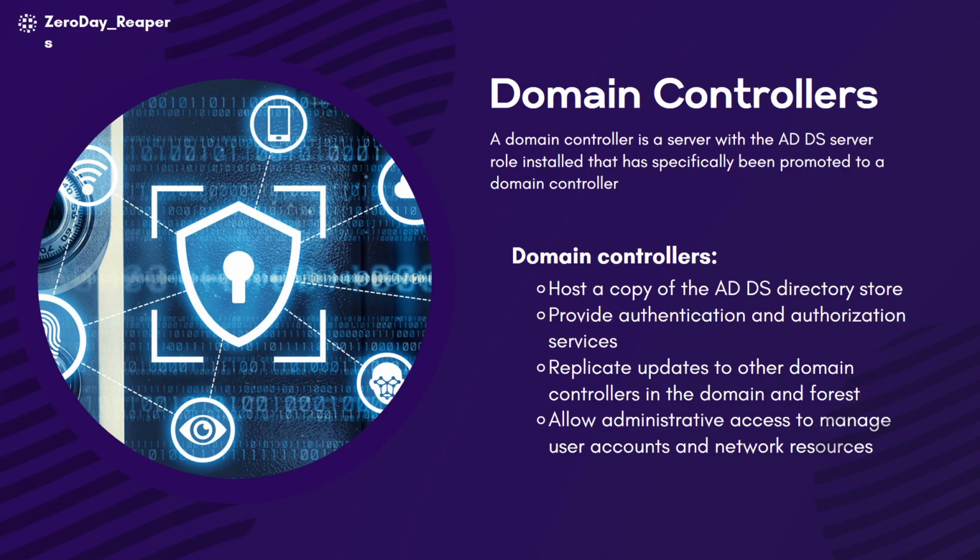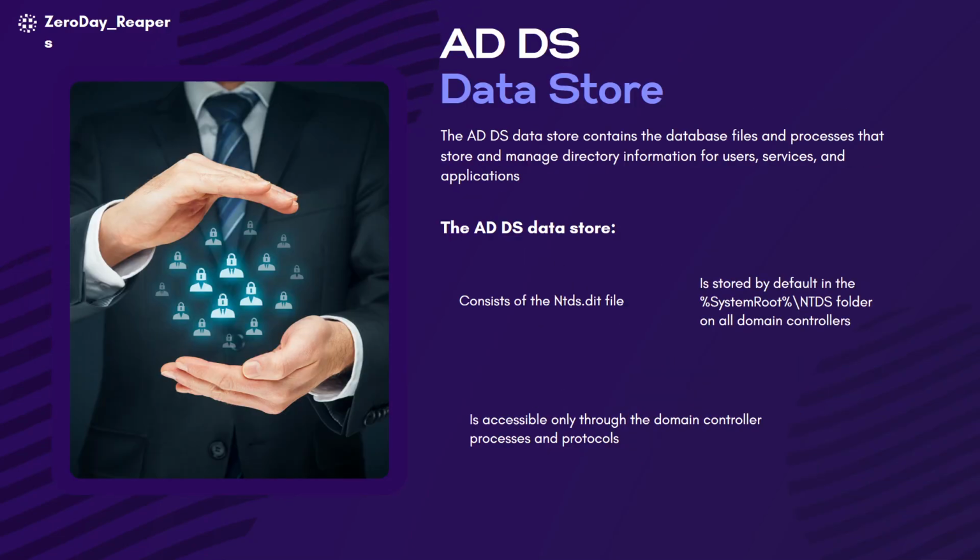Now from here, let's also talk about the Active Directory data store. The big takeaway from the Active Directory data store is that it holds this file called the NTDS.dit, DIT, okay? And this file is very sensitive.